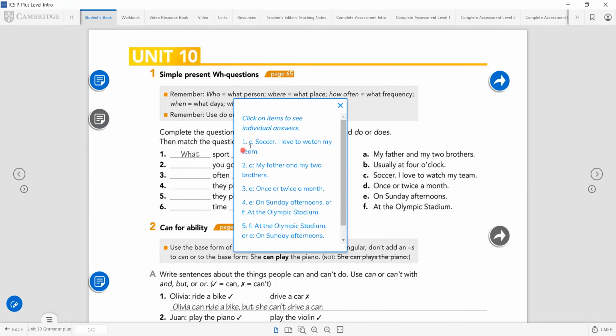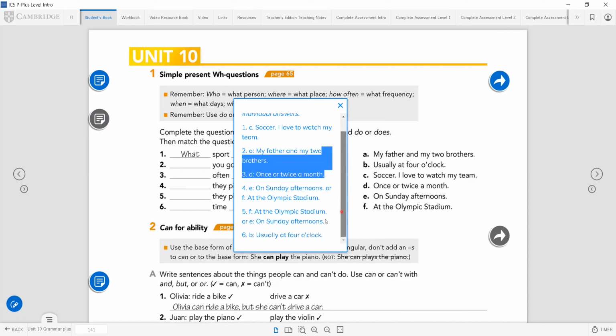Number 1, letter C. Soccer. I love to watch my team. Number 2, the letter A. My father and my 2 brothers. Number 3, once or twice a month. Number 4, on Sunday afternoon or at the Olympic Stadium.